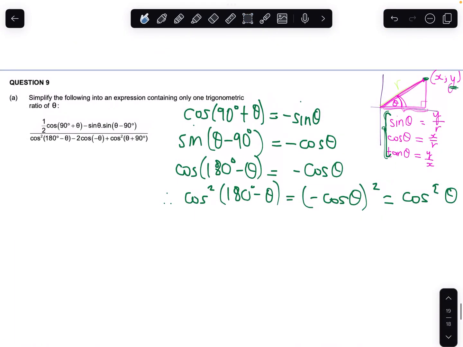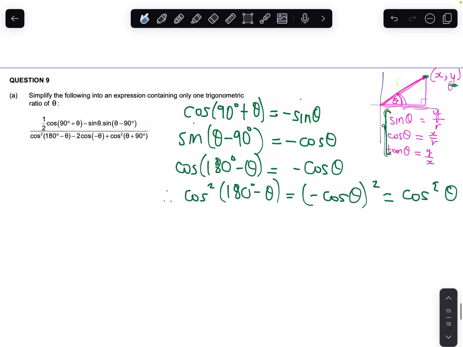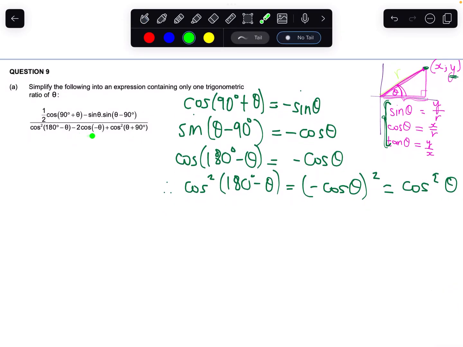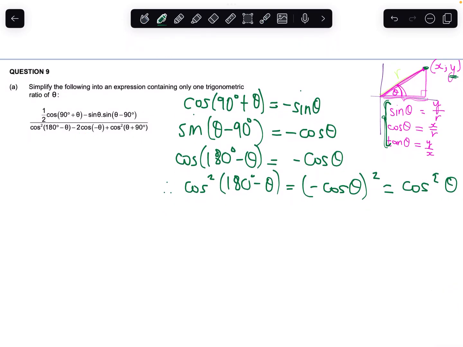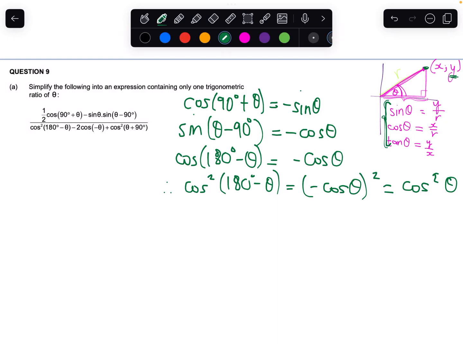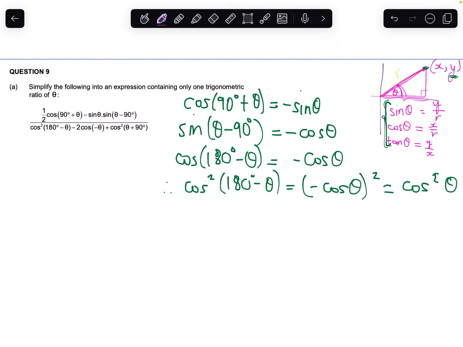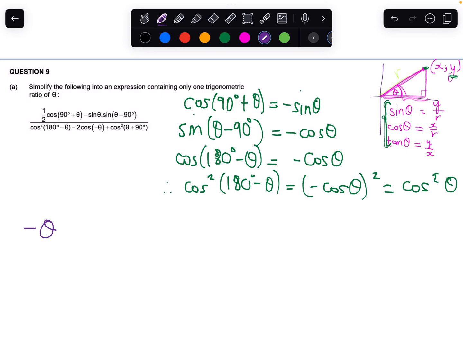Okay, right. And then next one, we're going to look at cos of negative theta. So we have, okay, where is negative theta? So that'll be, if my theta is here, then negative theta is just going the other way.